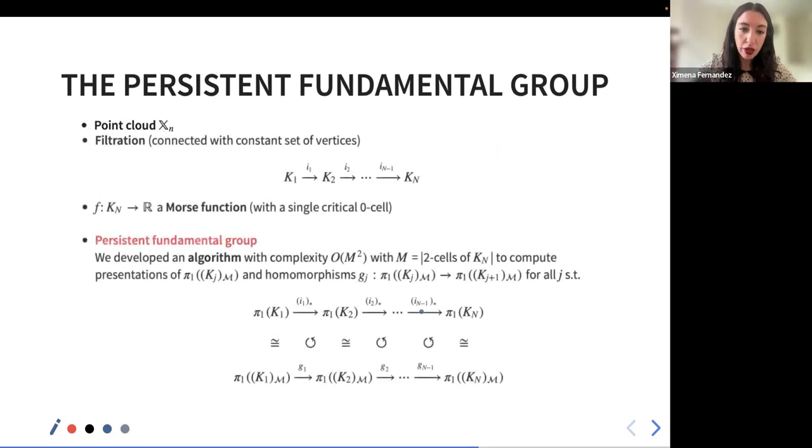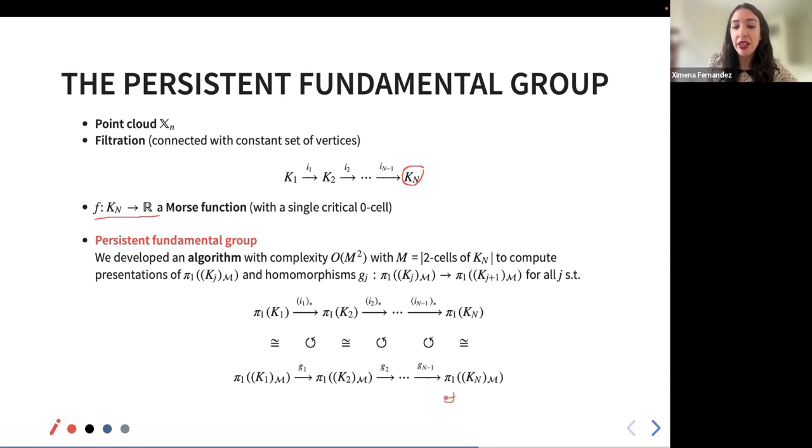Well, the good news is that, suppose that you have your filtration and you focus on the last complex of your filtration. We're going to assume that all lower complexes are connected. So you compute a Morse function on the last complex of your filtration, and then you run the algorithm that I showed you before.